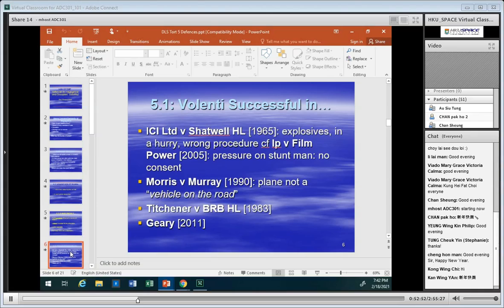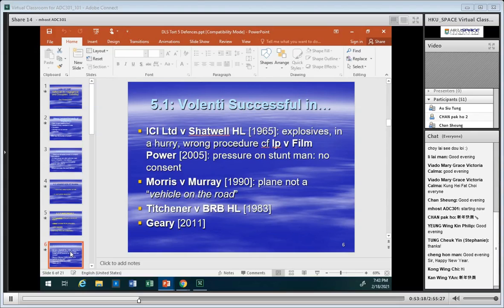You need not have an agreement as such, but there certainly was a voluntary assumption of risk in the Titchener case. The plaintiff was trespassing on railway premises. After slipping through a fence, she went across the railway line and was hit by an oncoming train. The House of Lords says she clearly knew the risk of being hit by a train when crossing the line, yet she decided to take the risk.